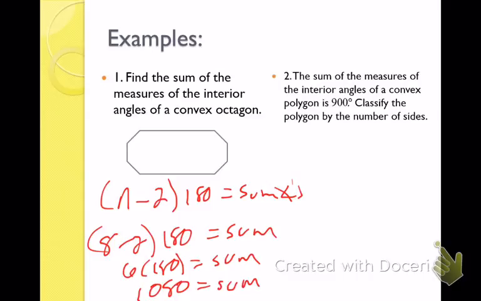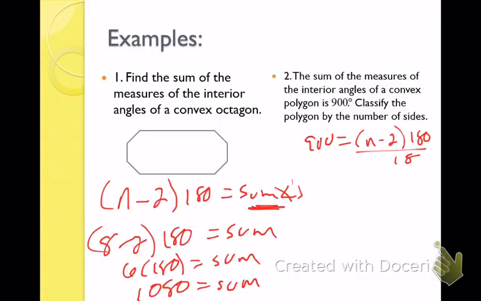Now, we can work backwards too. If we know the sum, then we can find out what kind of polygon it is. The sum of the measures of the interior angles of a convex polygon is 900 degrees. Classify the polygon by the number of sides. Well, we already know the sum, which is 900. What we need to know is what n is in our formula. However you want to approach it is fine.